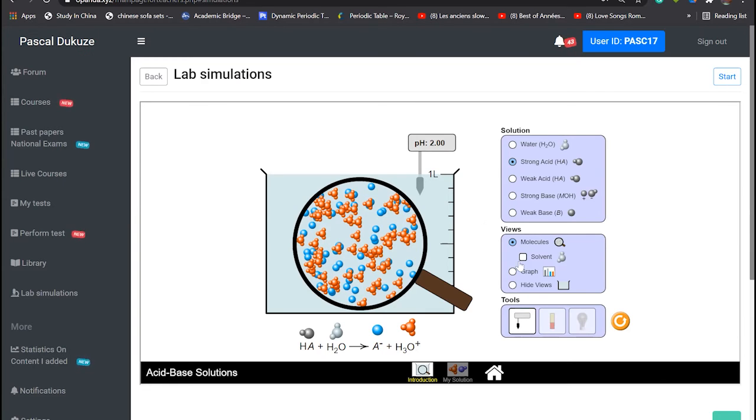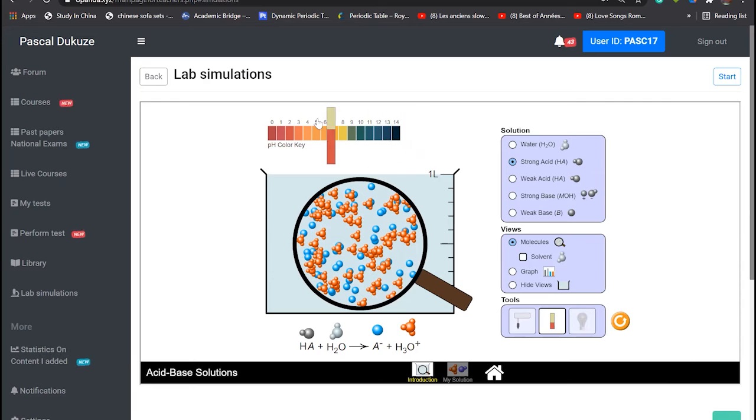Okay? And now let's use the universal indicator. This one will change color depending on the pH. Here we have put it in the solution, and we move it on this side. To move these buttons, we always use the mouse, and you make a left click and hold it down, and then you slide.